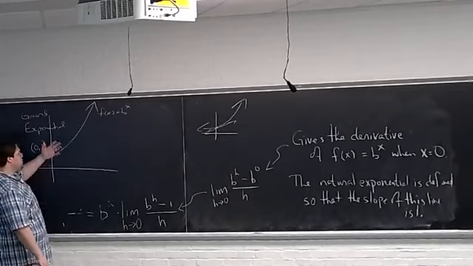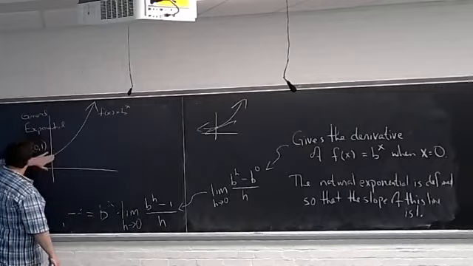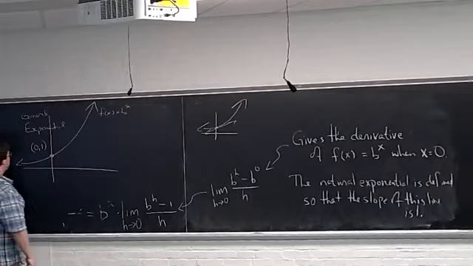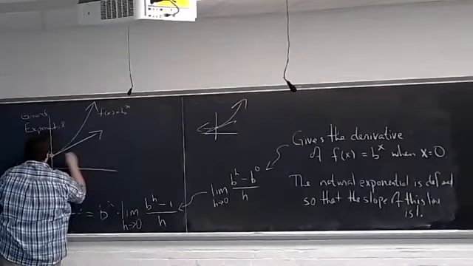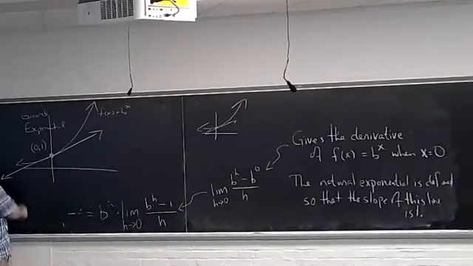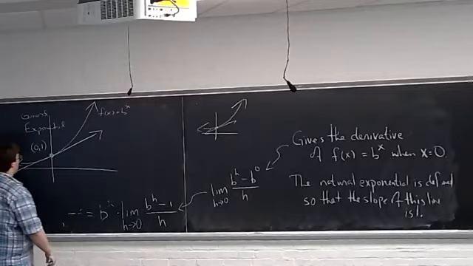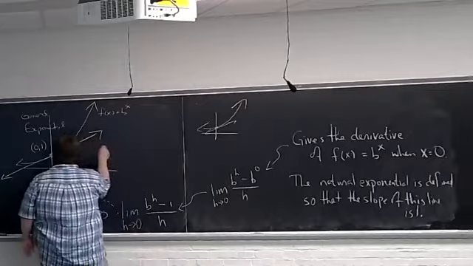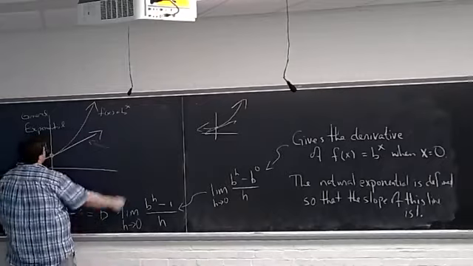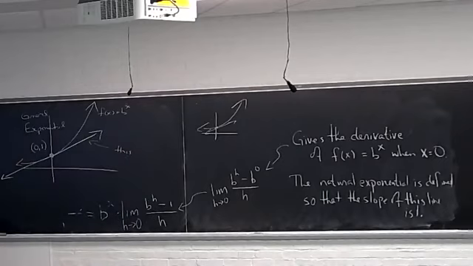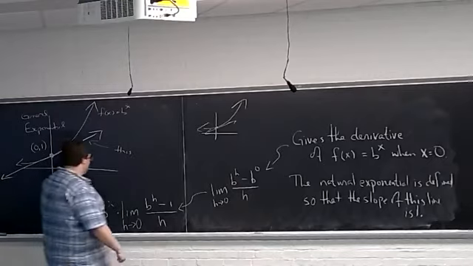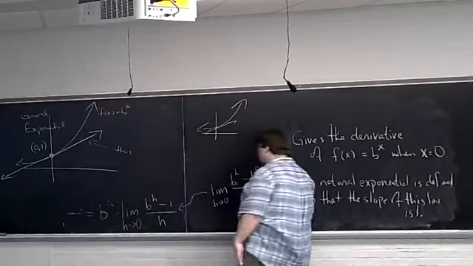With a larger base, it becomes more slanted upward and goes down a little faster. But of all of those, there's exactly one where the slope of that line equals 1. So 'this' refers to this line. The natural exponential is the one where that slope is exactly 1. Because of that, for the natural exponential, this limit is 1.